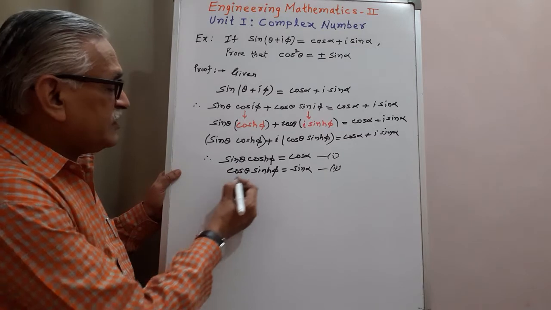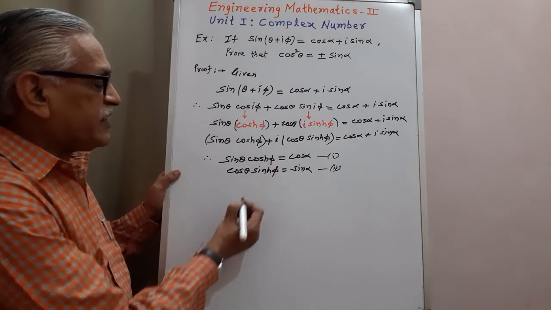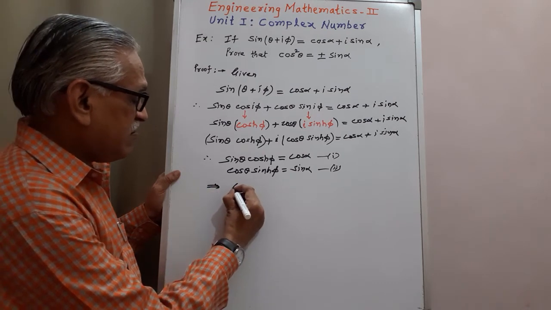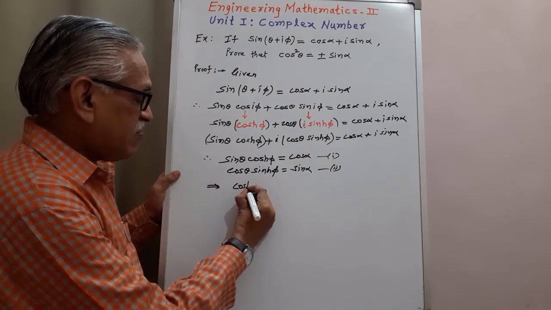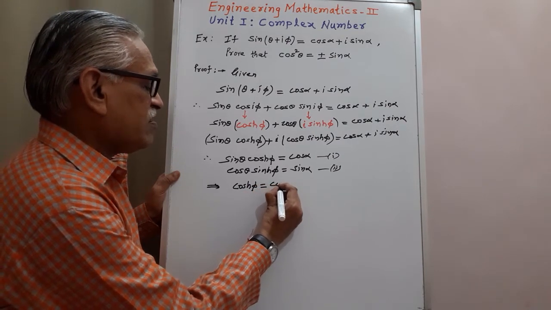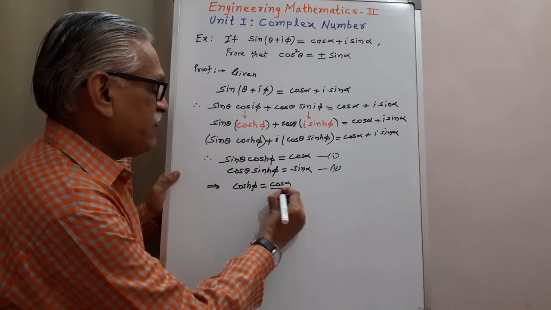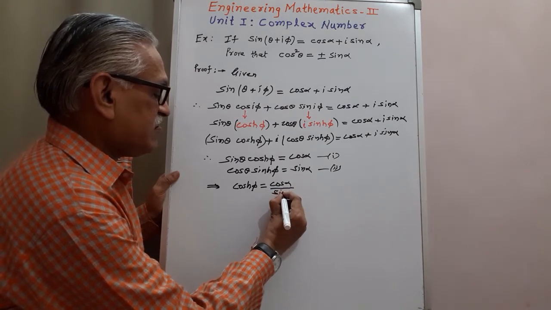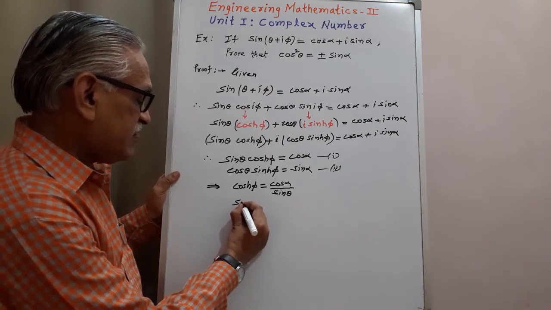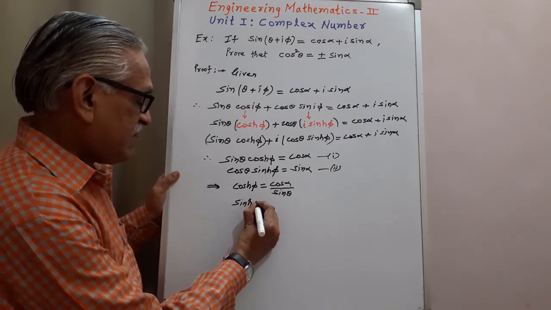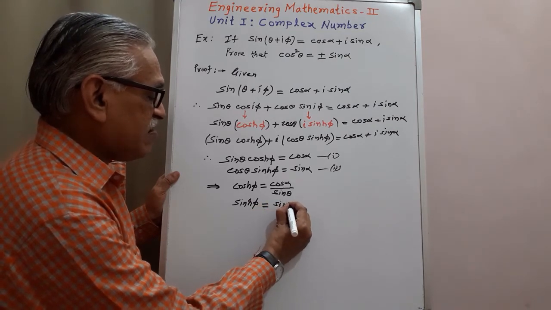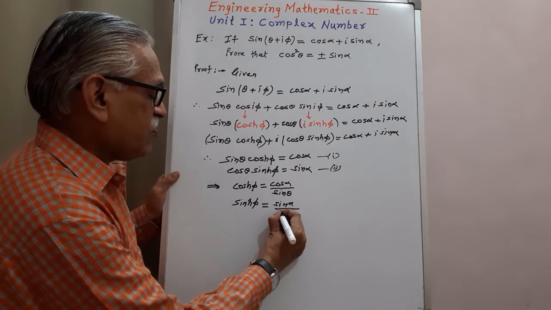And then solving for cosh φ and sinh φ, it implies cosh φ is equal to cos α divided by sin θ, and sinh φ is equal to sin α divided by cos θ.